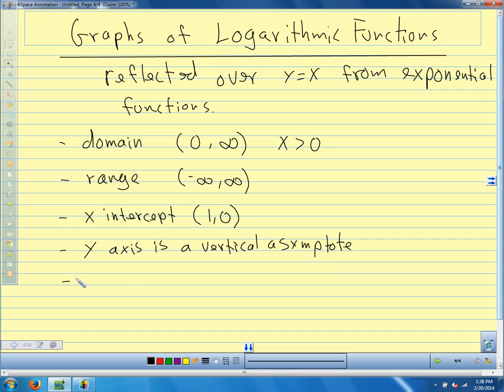And our logarithmic function is increasing everywhere as long as our base is greater than 1. If we have a fraction as a base, our logarithmic function is going to be decreasing. Normally we work with our bases being greater than 1. So our logarithmic function is an increasing function.